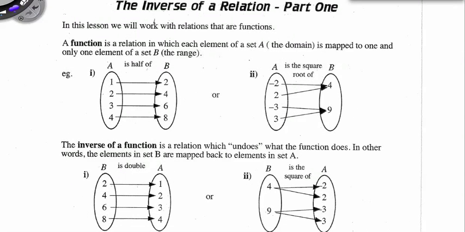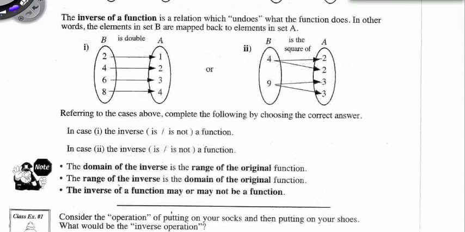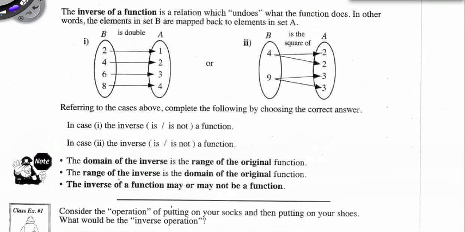Yeah, we were halving here, A is half of B, and here we're saying B is double A. The inverse of a function is a relationship which undoes what the function does. So it's just like the shift key on your calculator. If you press shift, it basically undoes what the regular button does. So x squared, if you do shift x squared, it usually means you're square rooting. So those are inverse functions.